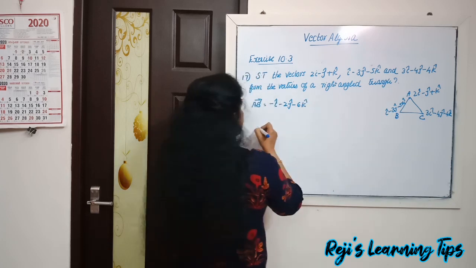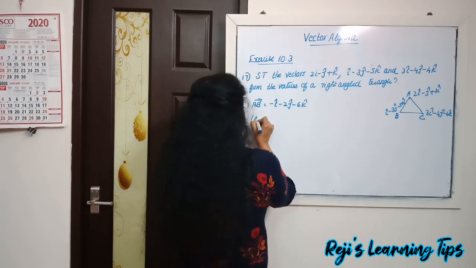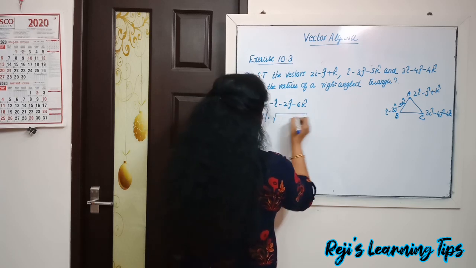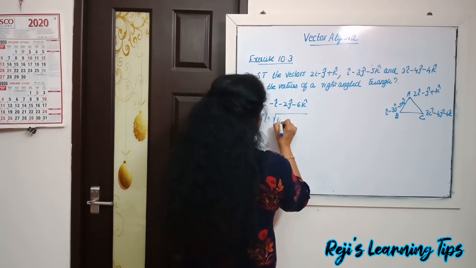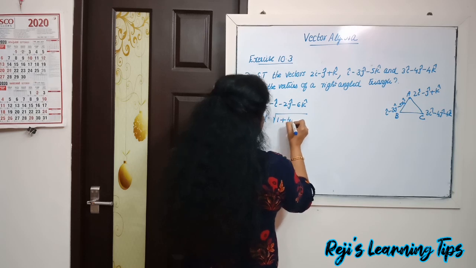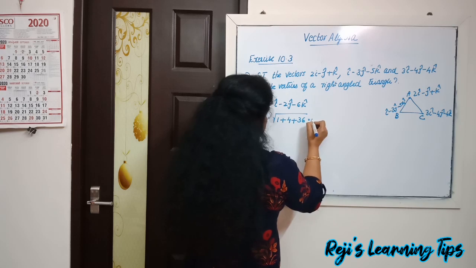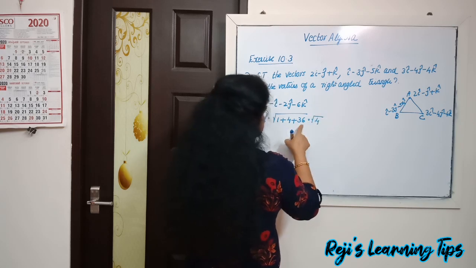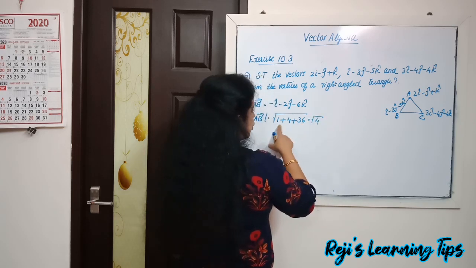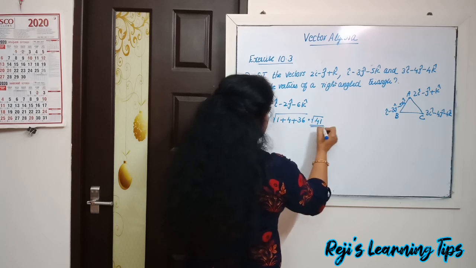Then we should find the modulus of vector AB, that is root of minus 1 square plus minus 2 square plus minus 6 square, that is equal to root of 1 plus 4 plus 36, that is root 41.